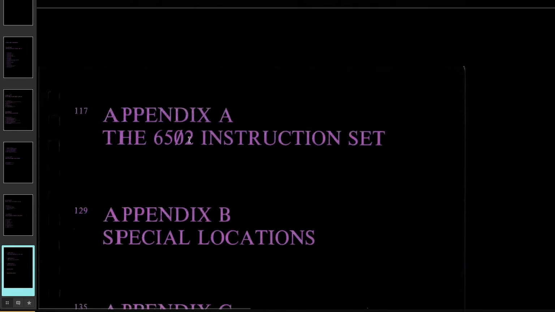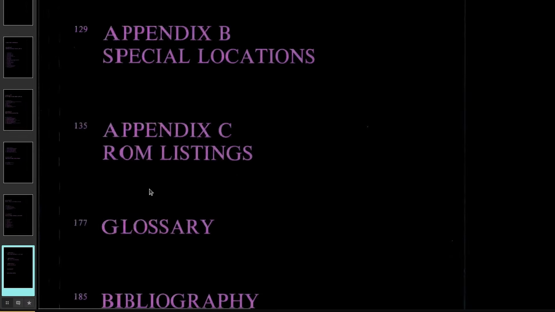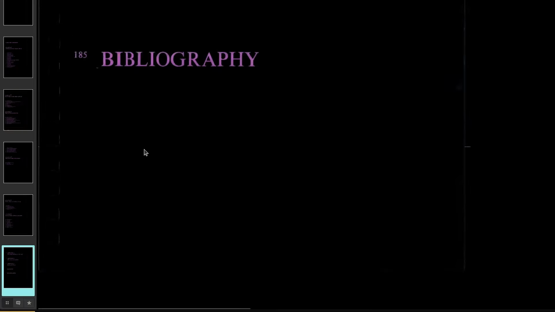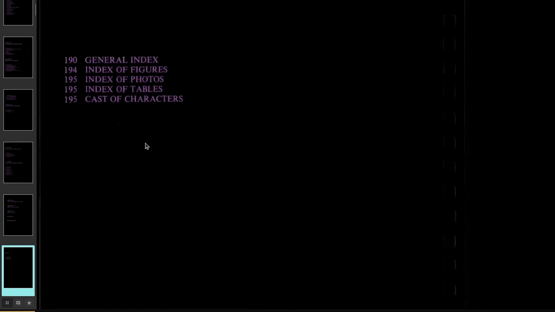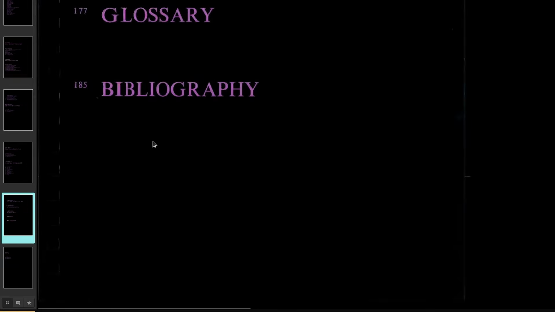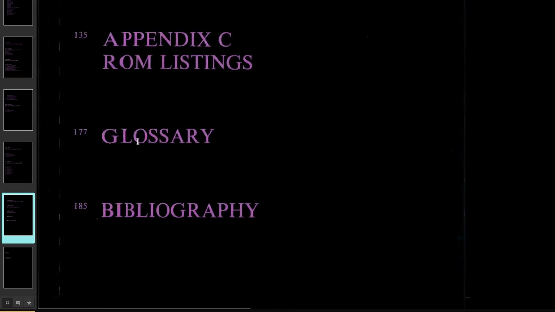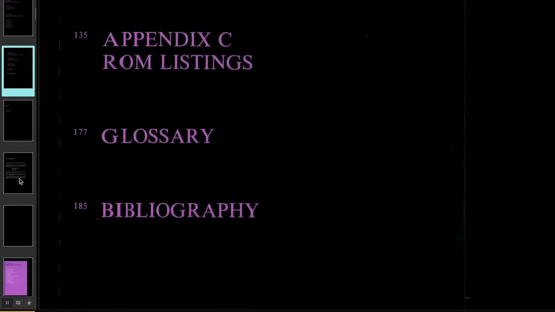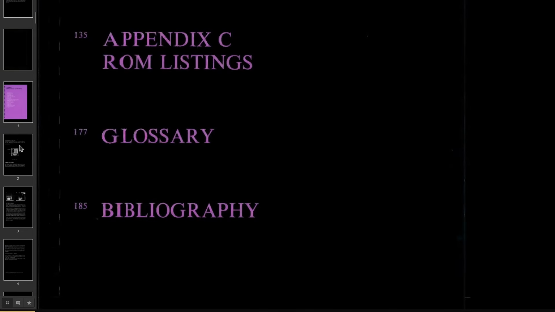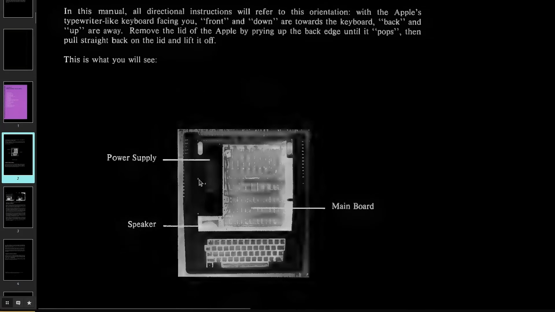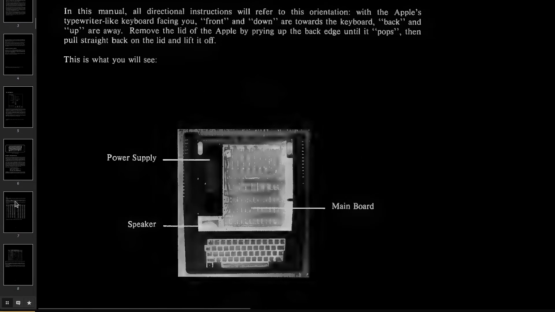You've got the instruction set itself, including how to convert it to hex codes so that you can enter it into Wasmon. And then you've got ROM listings. And then I believe in the very back, it doesn't list it here, but there's even circuit diagrams. Yes, there's circuit diagrams. So yeah, you've got the power supply and stuff like that.